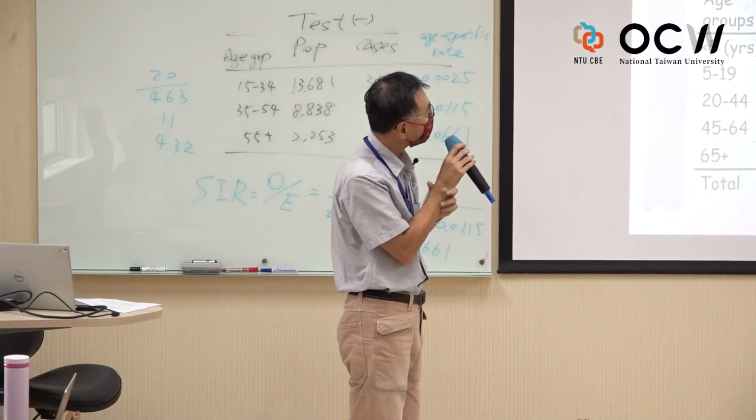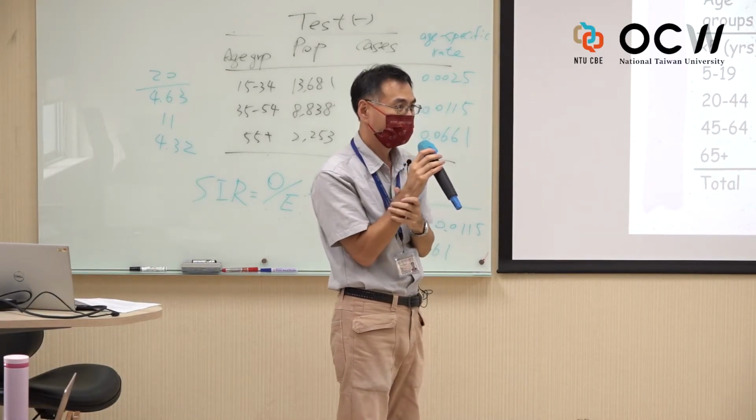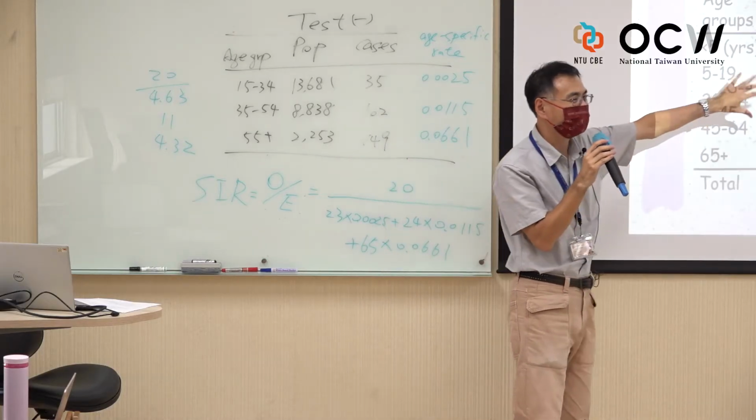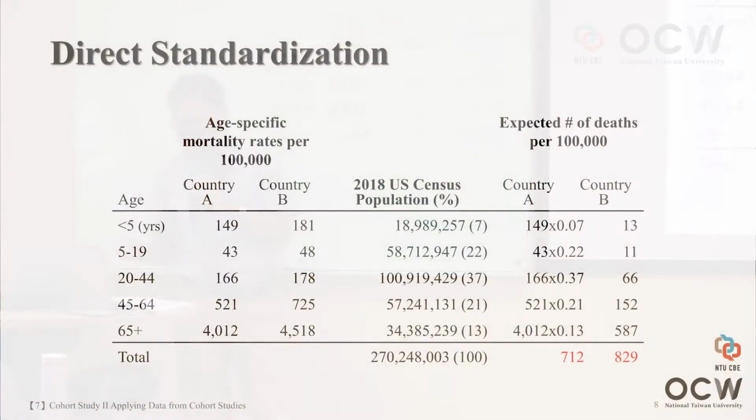So without the consideration of age structure, it's much higher for country A. But people might argue that country A is much older, so it's not a fair comparison. So we have to do some calculation to adjust for age structure. So country A, country B, we have to do the calculation with the US census population as the standard population here.